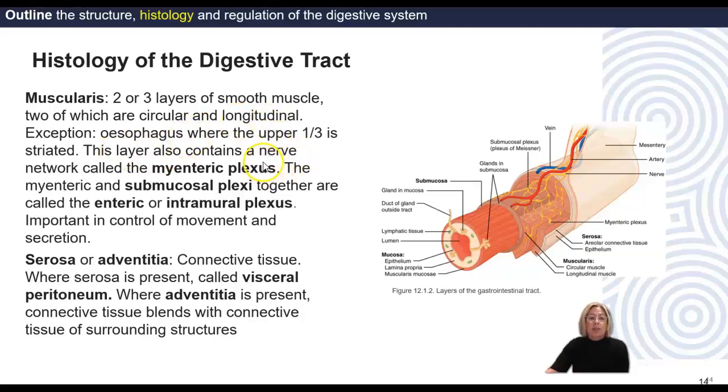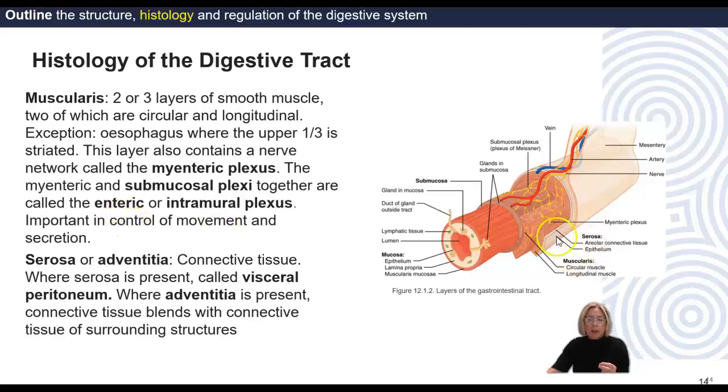This layer also contains a nerve network called the myenteric plexus, and together the myenteric plexus and that submucosal plexus, together they're called the enteric or intramural plexus. Now, what does this all mean? It means that the digestive system itself has this enteric nervous system. So this locally acting nervous system is controlling things like movement, so peristalsis and other forms of movement, and also secretions.